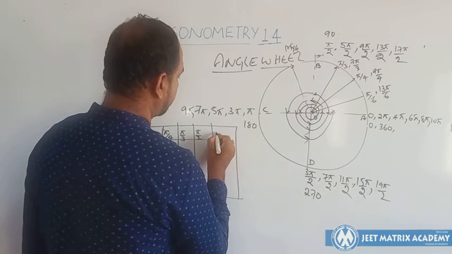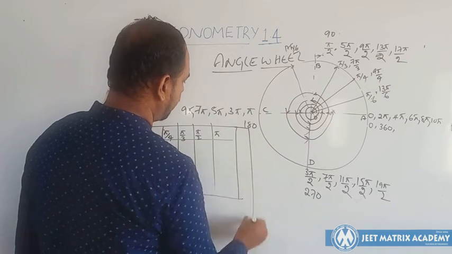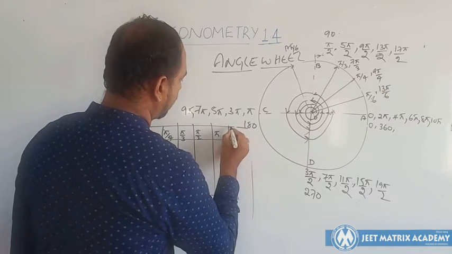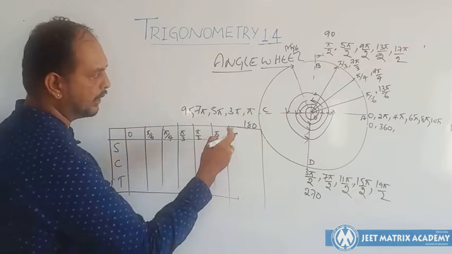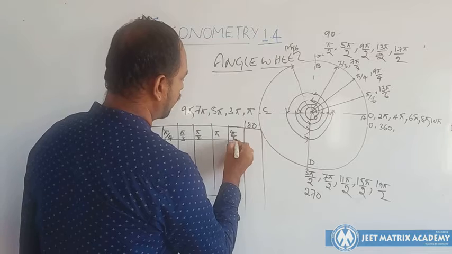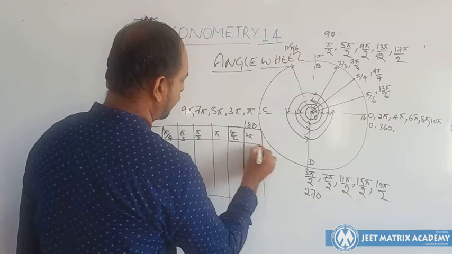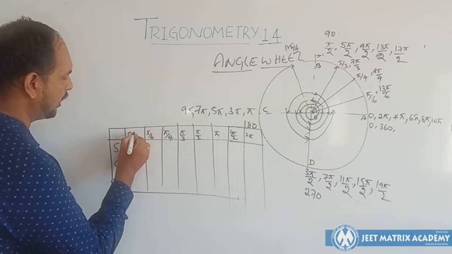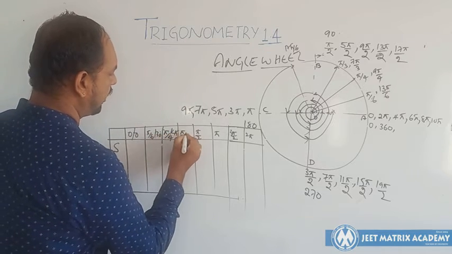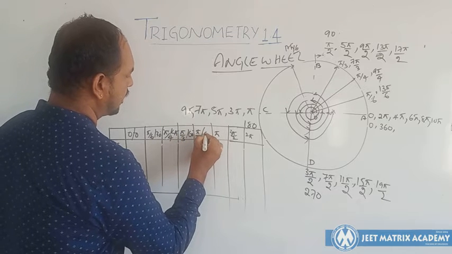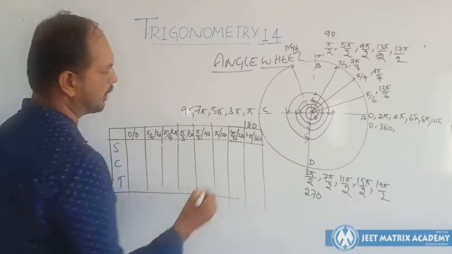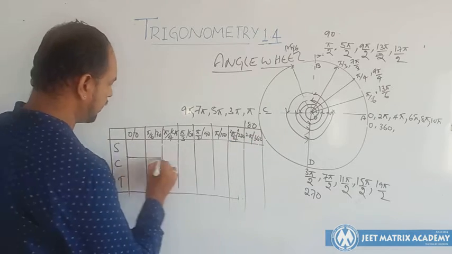Okay, then pi, 3 pi by 2, this will be 2 pi, all values. So in 0 degree, again 0 degree, this will be 30, this is 45, this is 60, this is 90, this is 180, this is 270, this is 360. So better you always write both values.